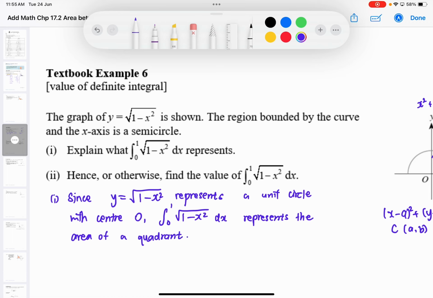So now that we know it's the area of a quadrant, how does that help us answer part 2's question?